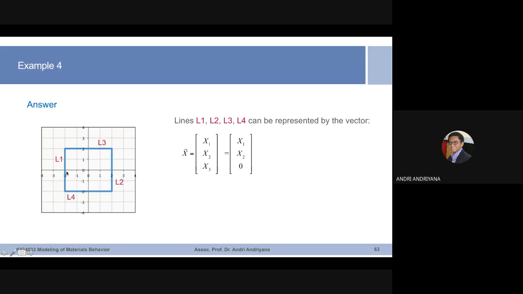So each of these individual lines can be represented by this general vector, x1, x2, and 0. This is the representation of each line before the deformations. So what will these lines be after deformations? That is the question.